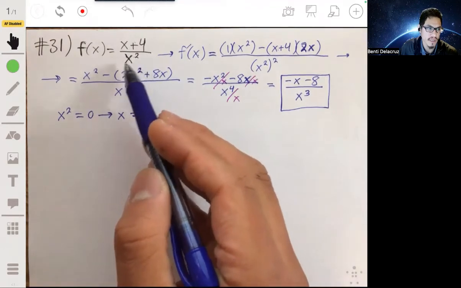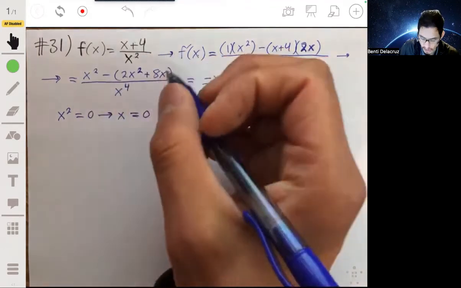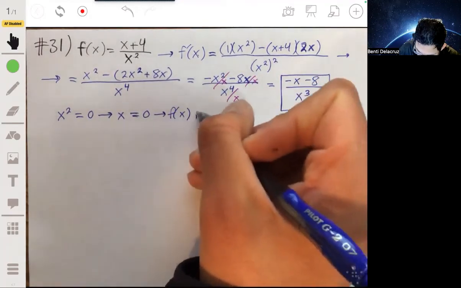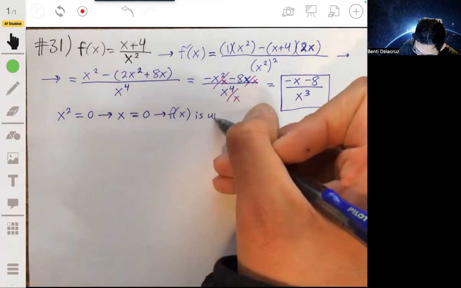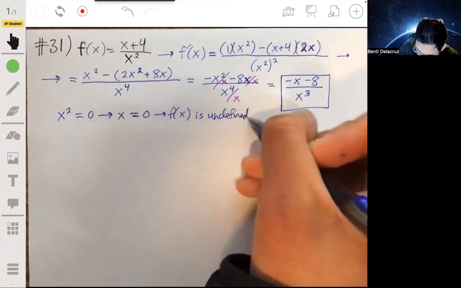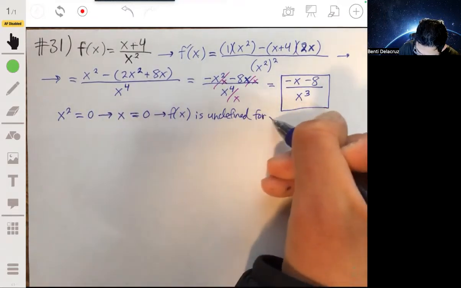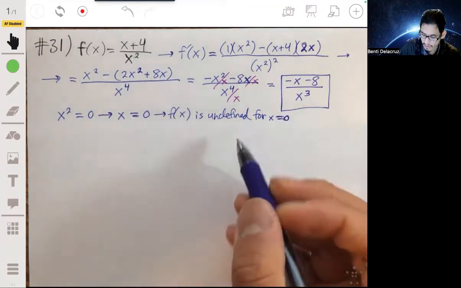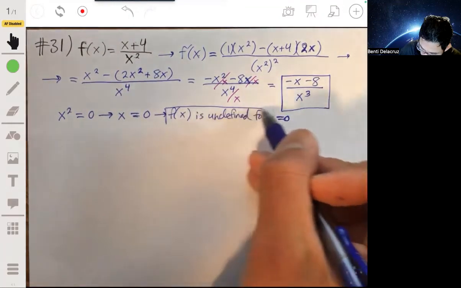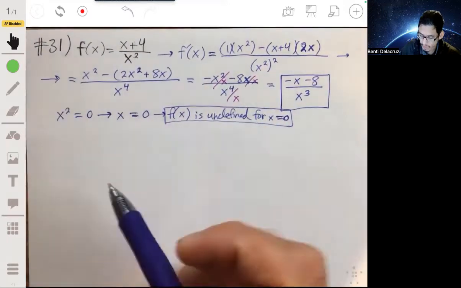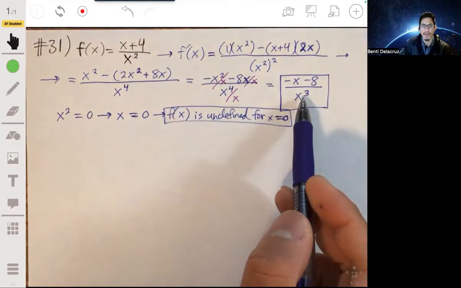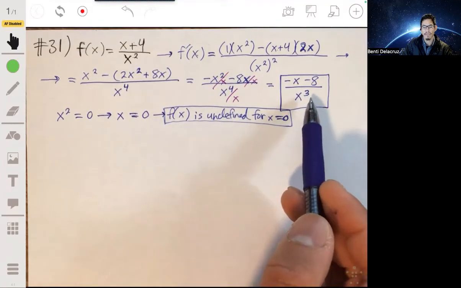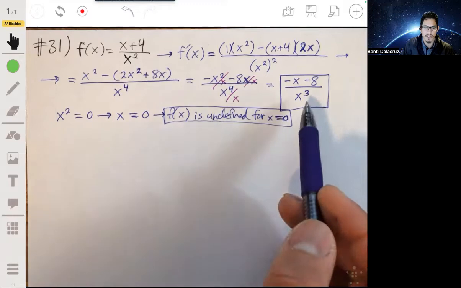So there's going to be a point of discontinuity there. So let's write f of x is undefined for x equals 0. We're going to touch back on this at the end. So that's something to keep in mind. f prime of x will also be undefined for x equals 0. So we don't have to mention it twice because x cubed equaling 0 is going to give you 0.